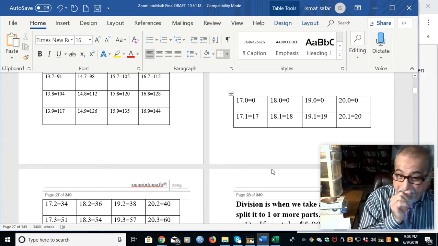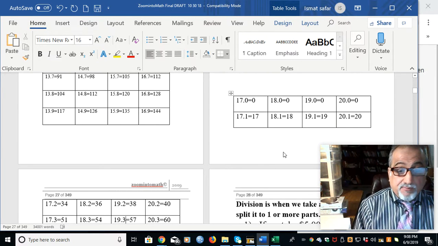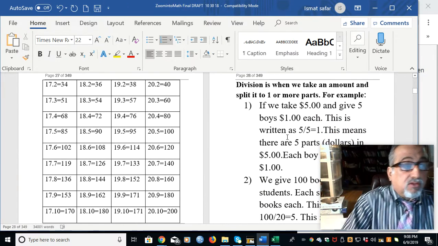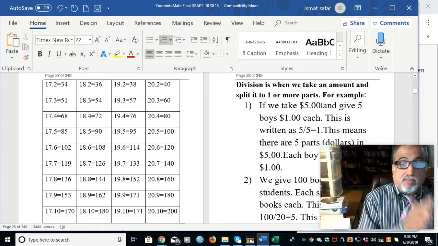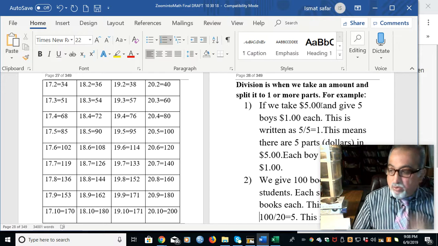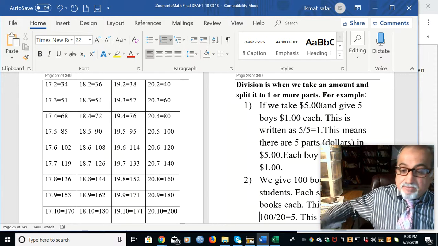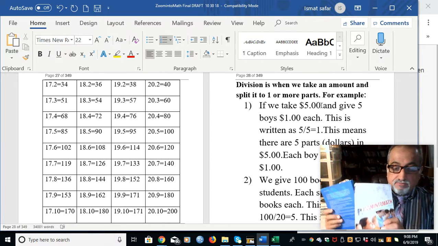Okay, now let's go to division. I am going to start division by saying, division is when we take an amount. Let's say we have two books. I'm going to give you a very simple, basic example. We have two books.